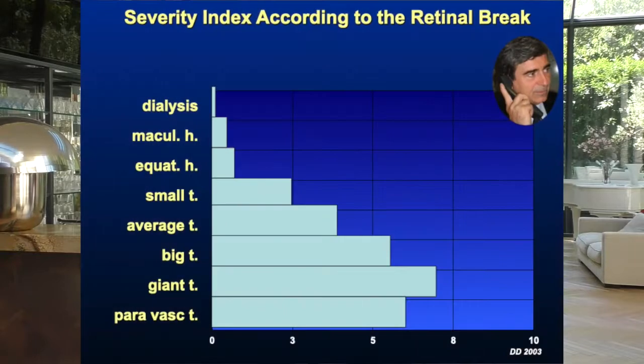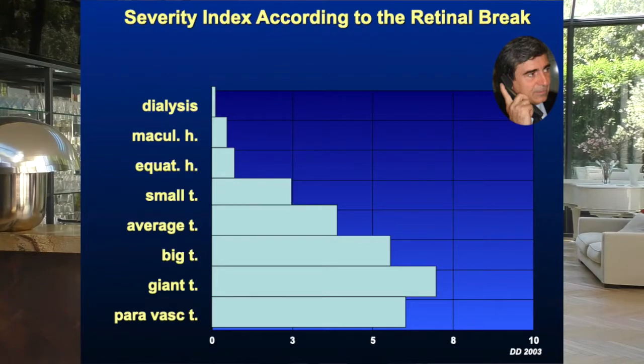I tried to establish a severity index for each type of dehiscence. For this, I calculated the average failure or silicone oil injection that we could be entitled to expect according to the PVR distribution and counter for each retinal break.